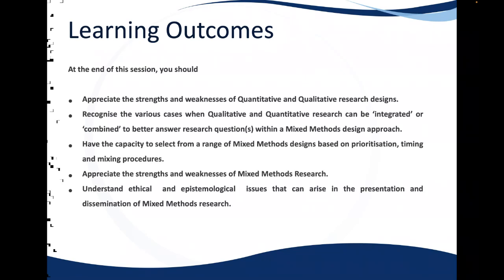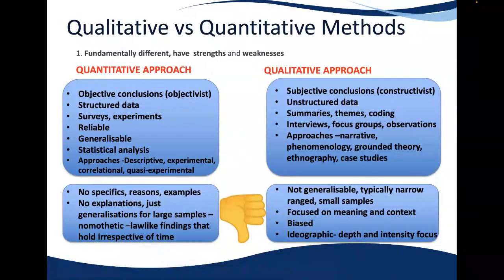As I say, a lot of the work that we do around methodologies really relates to getting you to understand some basic principles. So what I will start with is just to go through some definitional clarifications. Just before I get into this, the reason it's important that we look at quantitative approaches and qualitative approaches is that mixed methods is essentially about the presence of both these approaches in a single study, in one form or another.